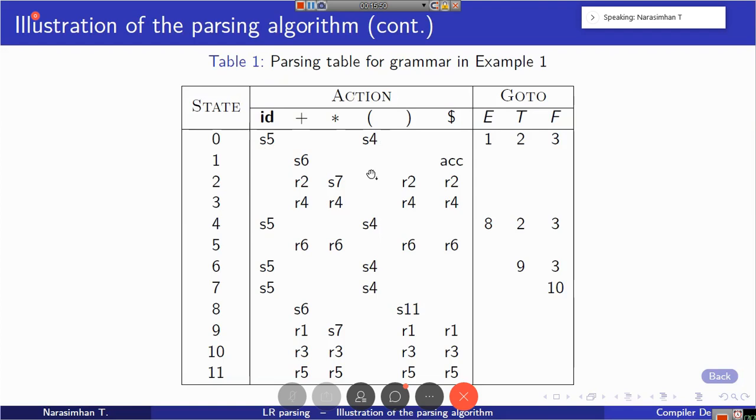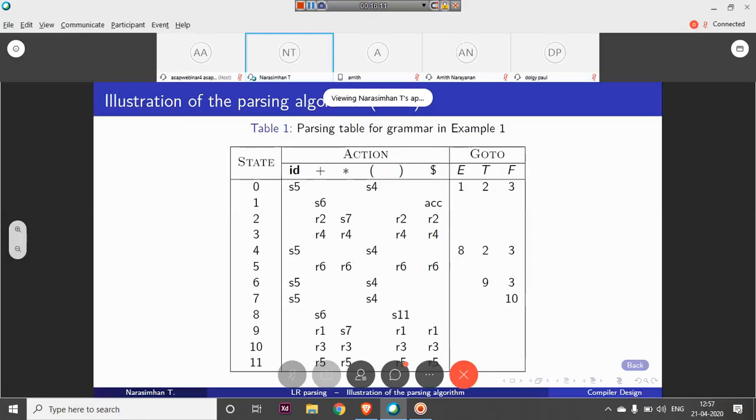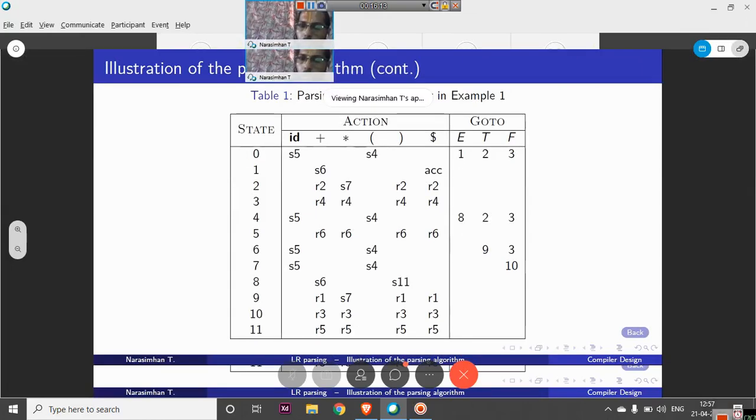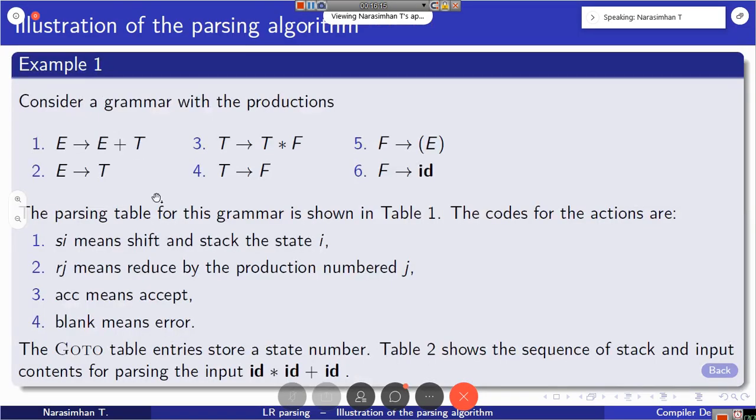The second type of entry is one which pertains to the reduction operation: R2, R4, R6, etc. Let us take R2. R means that you are going to perform a reduction operation. 2 means that you are going to perform the reduction by using production number 2. As you might have seen earlier, the productions are numbered here, right?